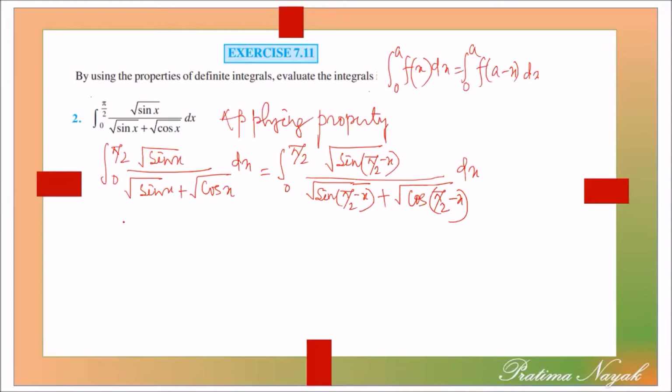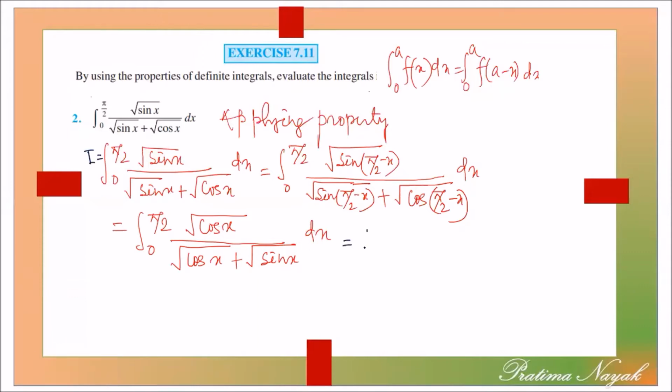So how much I'm getting? I'm getting this is 0 to pi by 2. This will be under root cos x. And here it will be under root cos x plus under root sin x dx. So this was I, integral started. I got again this integral. Now add them.